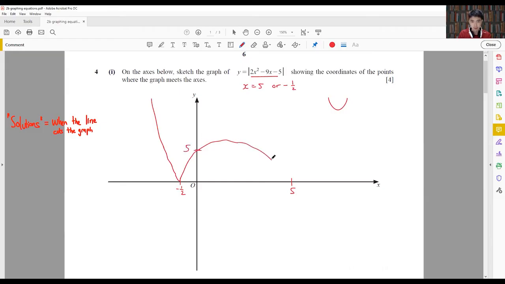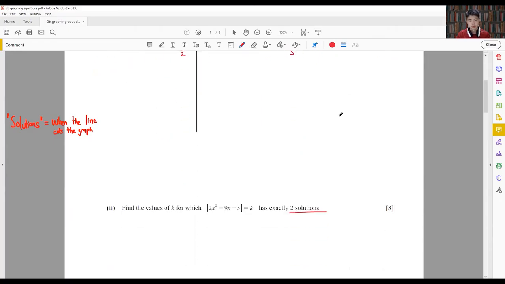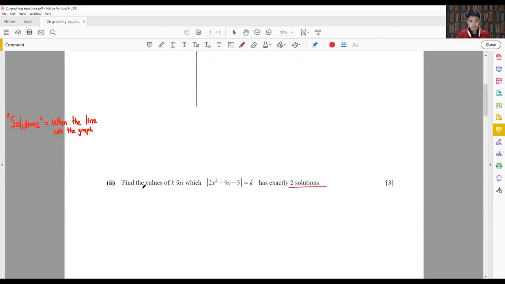And continuing downwards here, and then bounce one more time. And this is how a modulus quadratic graph would look like.